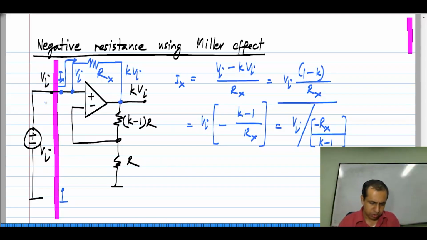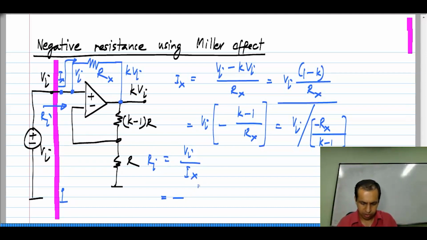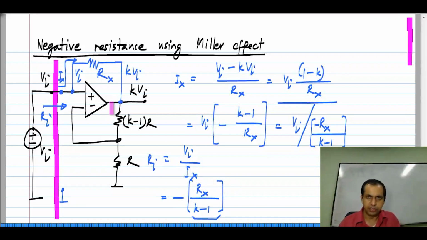So, the resistance looking in here Ri, which is Vi by Ix, is nothing but minus Rx divided by k minus 1. So, this k minus 1 is a positive number and Rx is of course positive, it is a physical resistor. So, the input resistance of this circuit is negative. Okay. So, if you wanted to synthesize a negative resistance, this is how we would do it.